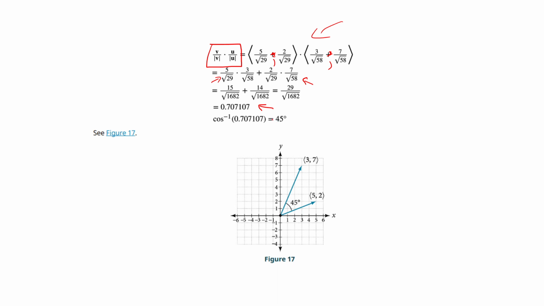Now what we're saying here, and again, I know this is not intuitive, is that the dot product of their two unit vectors multiplied together gives us a relationship with the angle between them. So we've got the cosine of theta is equal to 0.7071. If I find the inverse, I find the angle between them is 45.